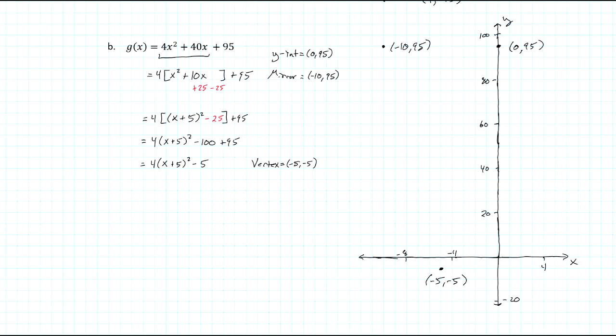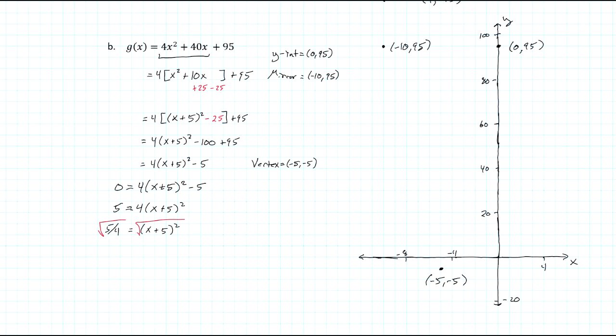So let's get the x-intercepts. If I go 0 equals 4 times x plus 5 squared minus 5, I'll add the 5 to the other side. 5 equals 4 times x plus 5 squared. Divide the 4 over, so 5 fourths equals x plus 5 squared. There is one nice thing about this.